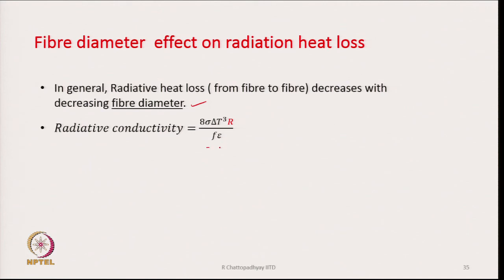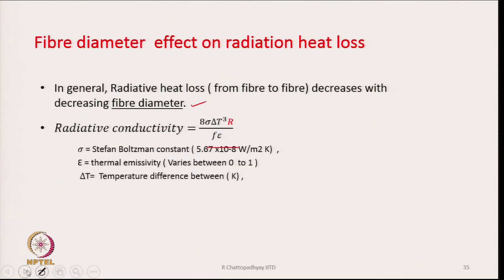Radiative conductivity, we know this formula, and from there we can see that fiber radius is important. The radiative conductivity will be more if the radius of the fiber is more.